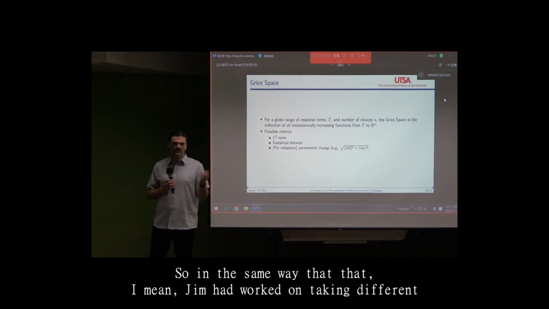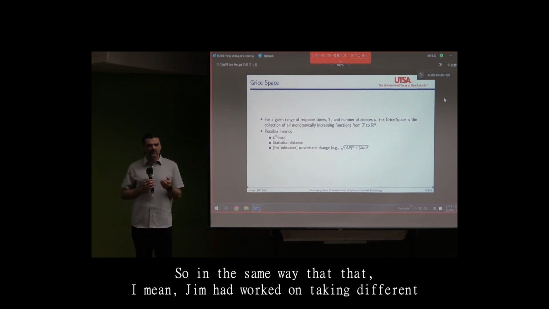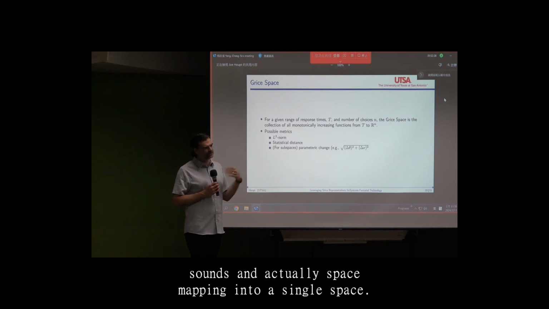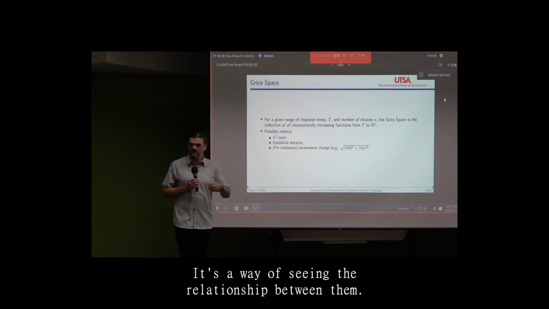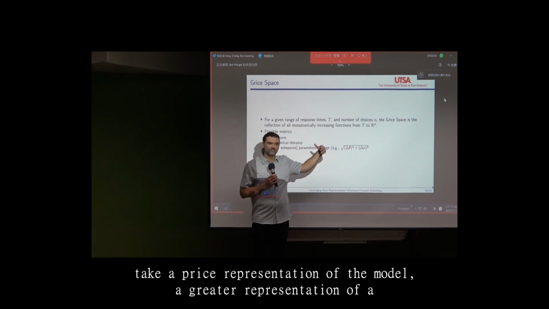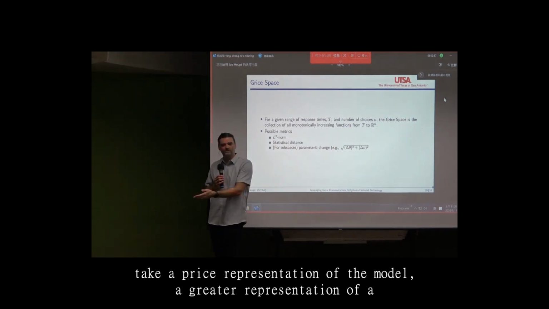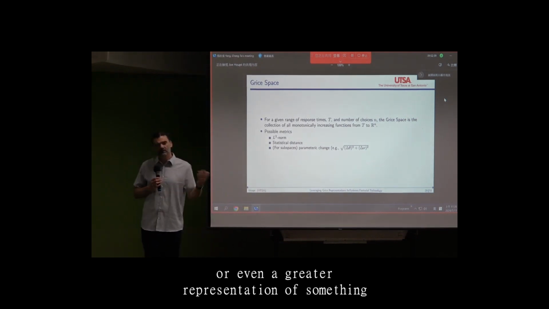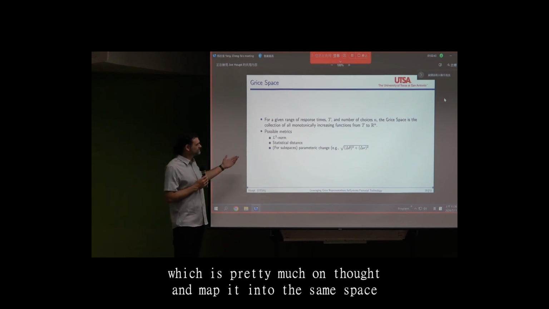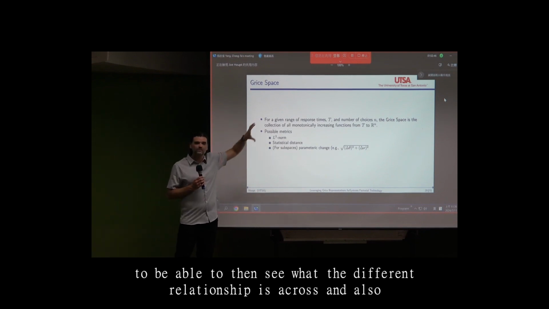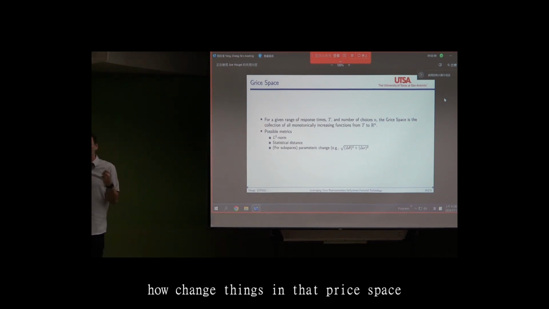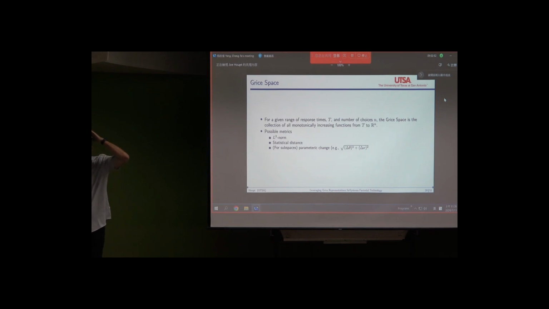In the same way that Ami and Jim had worked on taking different bounds in capacity space, mapping them into a single space as a way of seeing the relationship between them, we can take a GRICE representation of an LBA model, a GRICE representation of a DDM, even a GRICE representation of something more disparate like ACT-R, and map it into the same space to then see what the different relationships across the models are, how parameters change things in that GRICE space and relate to each other.